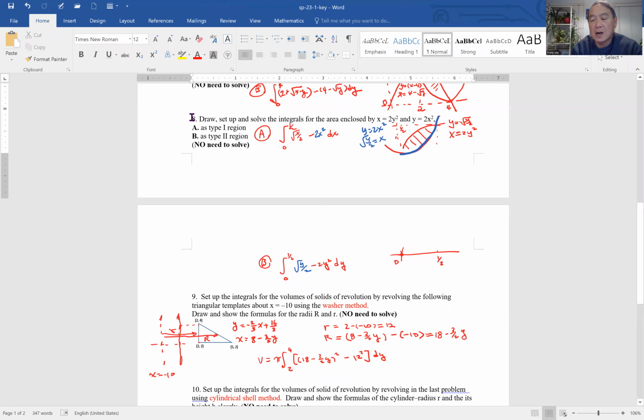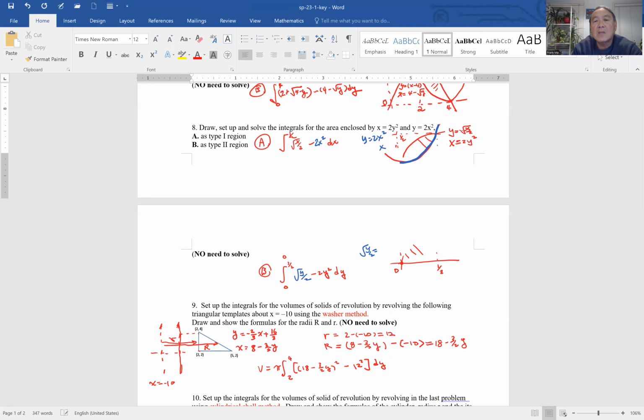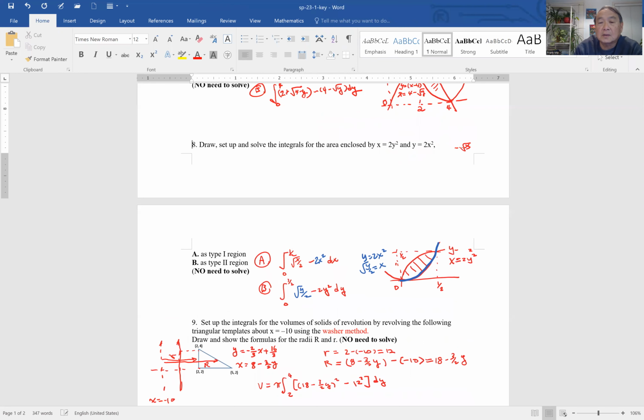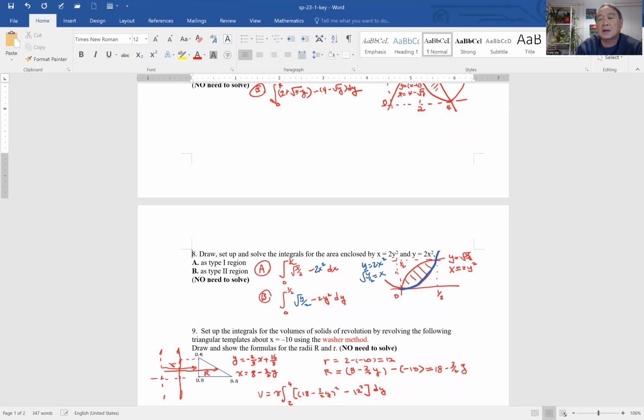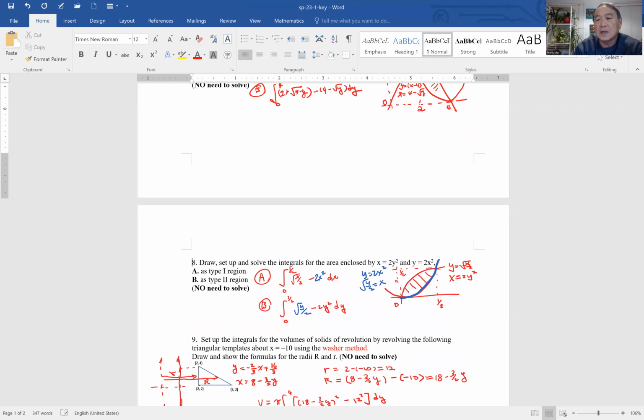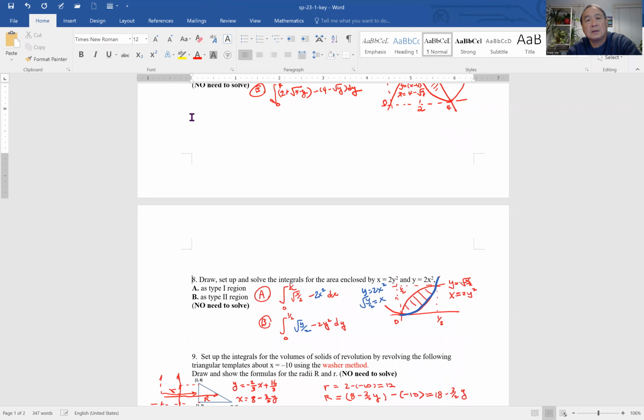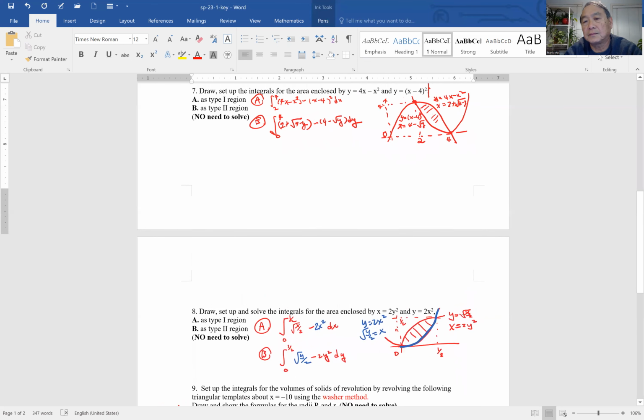Because a lot of the examples for these area problems will be done with second degree equations, since they are solvable. You can solve for the corners and stuff like that. So for number 7 in particular, here I'm not showing over here. Here we go. Number 7, go up a little bit.